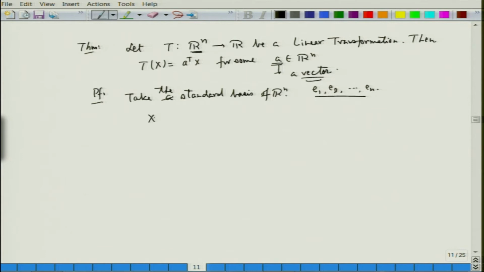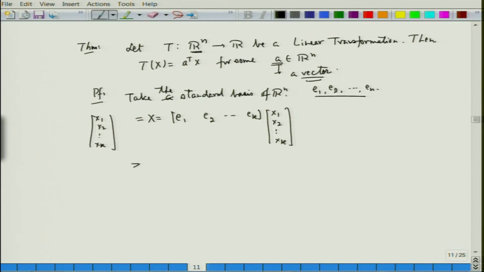So I can write x as a combination of E1, E2, Ek, and if x is equal to x1, x2, xk, then this is the same as this times x1, x2, xk. There is no change there, fine, because this was a standard basis.